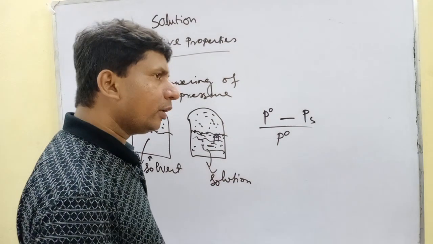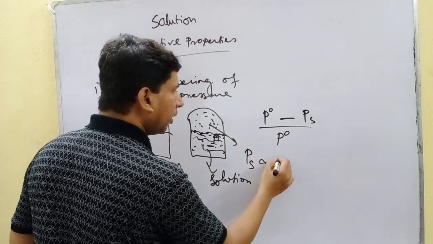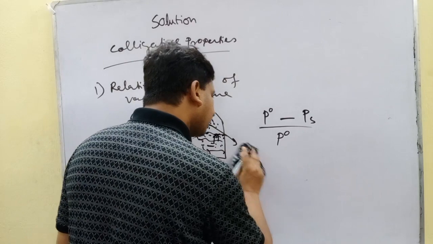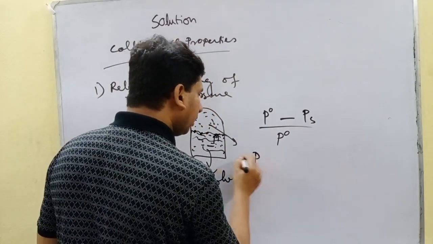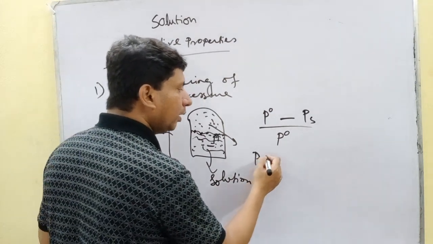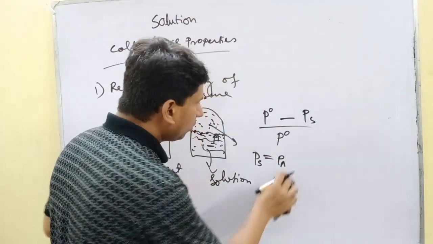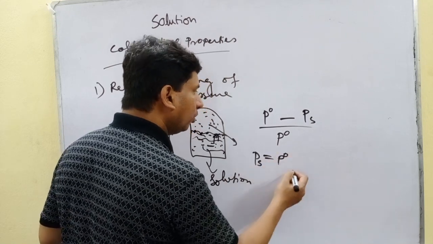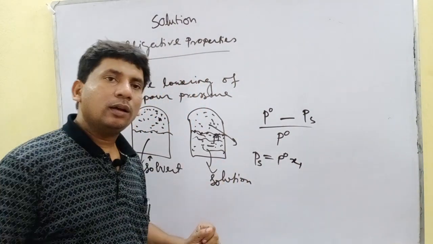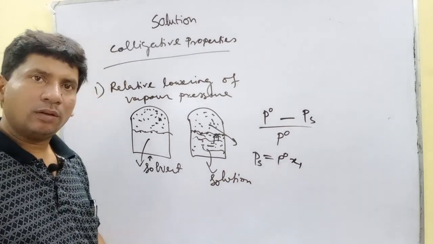According to Raoult's law, the vapor pressure of the solution PS is equal to P0 of solvent into X of solvent; pressure is proportional to mole fraction.